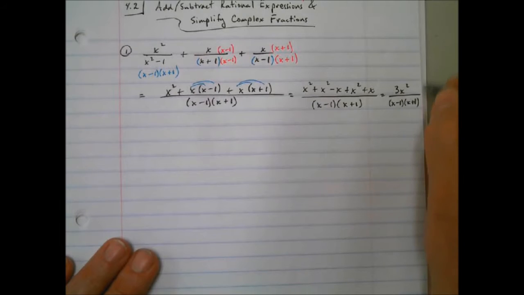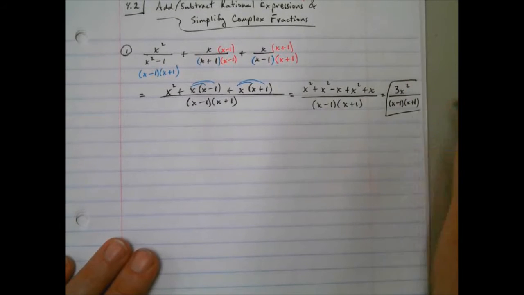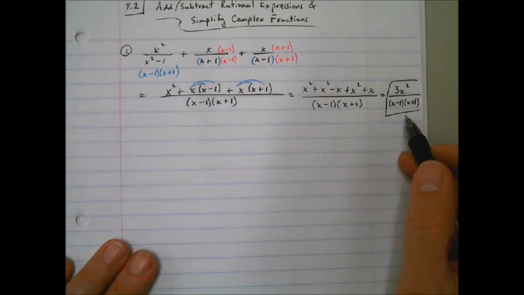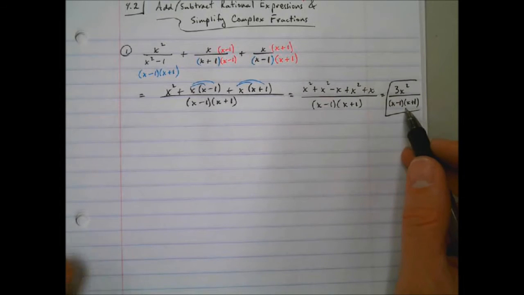Now, could we multiply out the denominator? Yes. x minus 1 times x plus 1 is x squared minus 1. Do you have to? No, you don't have to multiply it out. So you probably just leave it like that.